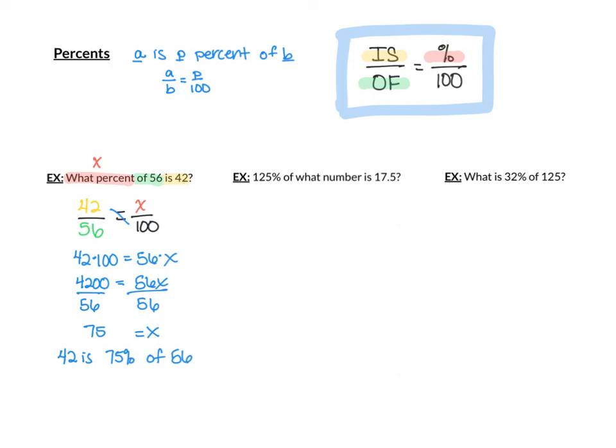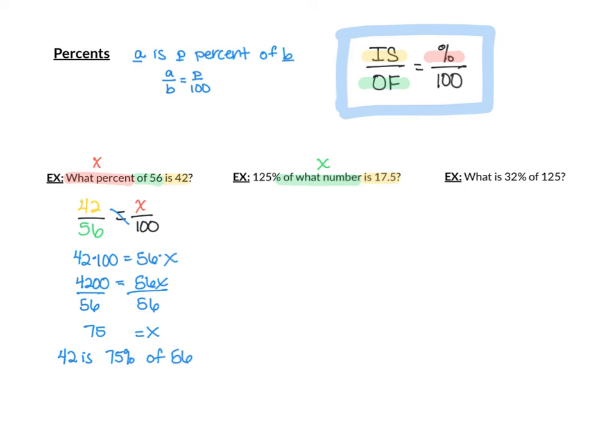Reading this next problem, it says 125% of what number is 17.5? So let's start with the is. Is 17.5. We've got that. Of. This time it says of what number, meaning we don't know the of, so this is going to be my variable.